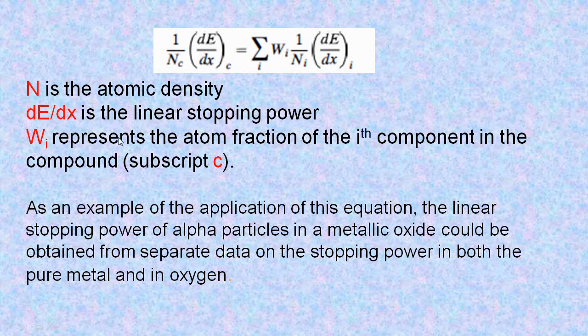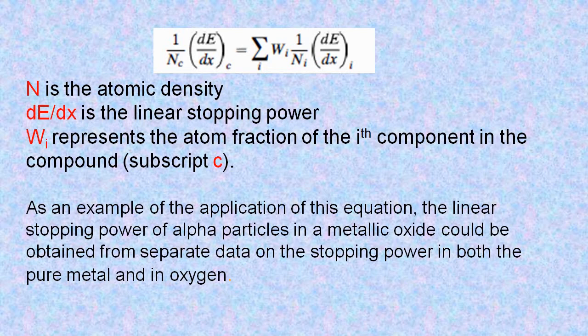Wi represents the atom fraction of the ith component in the compound, subscript C. So this C stands for the compound. So 1 by Nc is the atomic density of the compound, and this d by dx of C is the linear stopping power of the compound. Actually, we have to calculate this one. And this Wi means it is the atom fraction of the ith component in the compound.